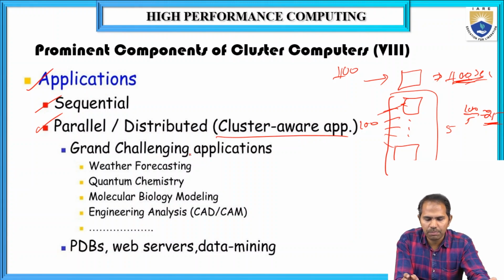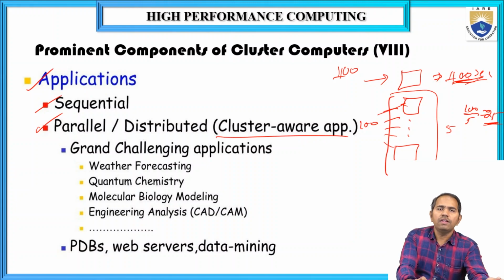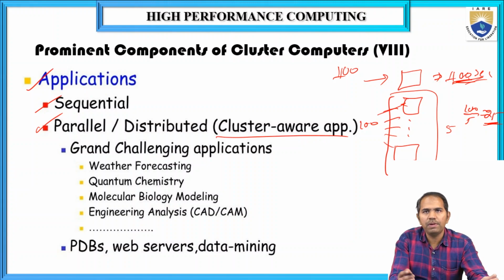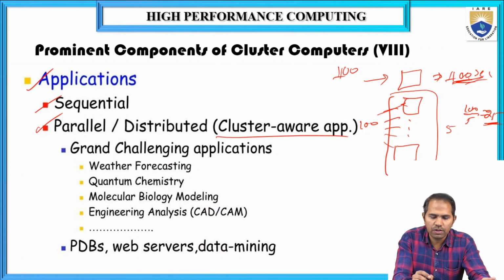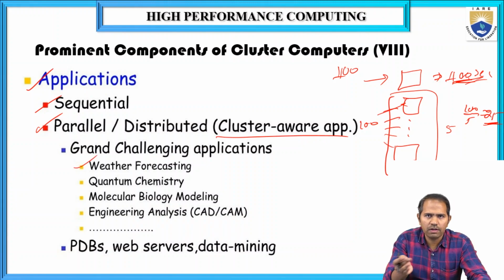Now, grand challenge applications. What are they? Once you have created parallel or distributed, cluster-aware systems, what are the challenging applications? Weather forecasting: we want to find tomorrow's weather today, which is achievable with high performance computing.